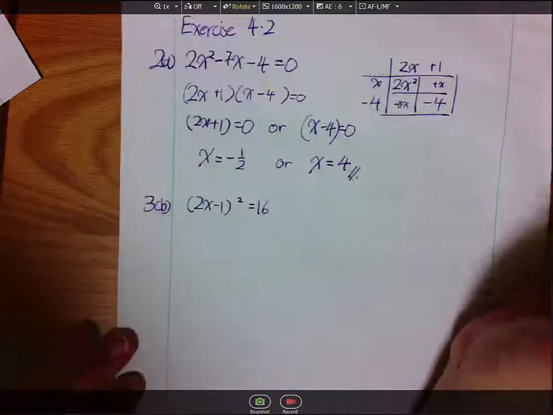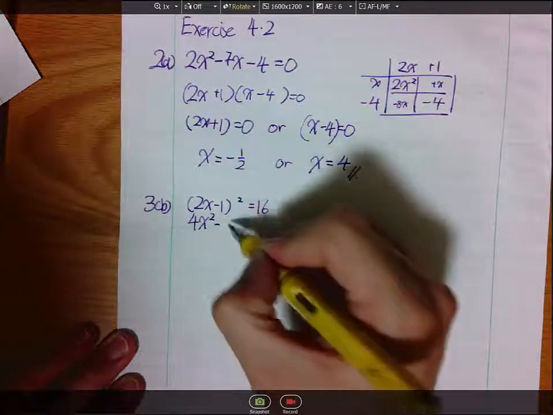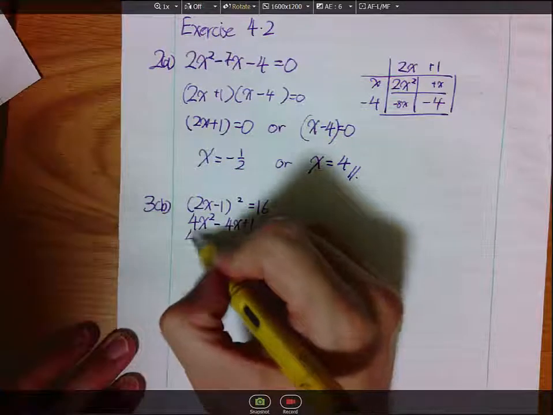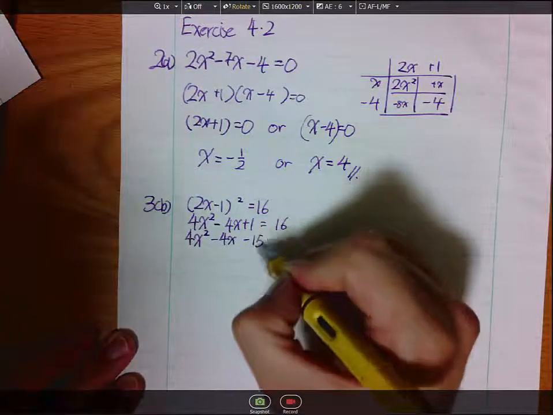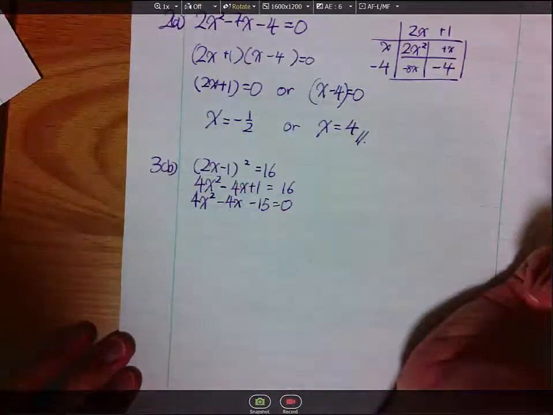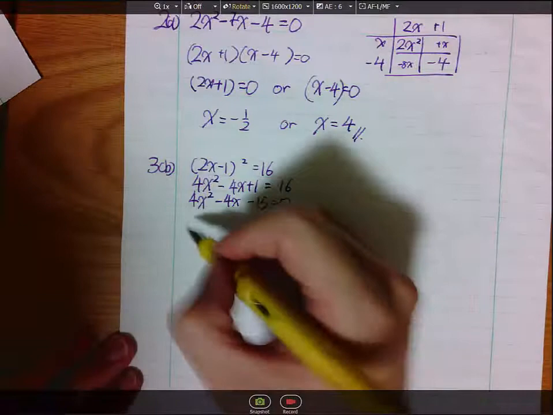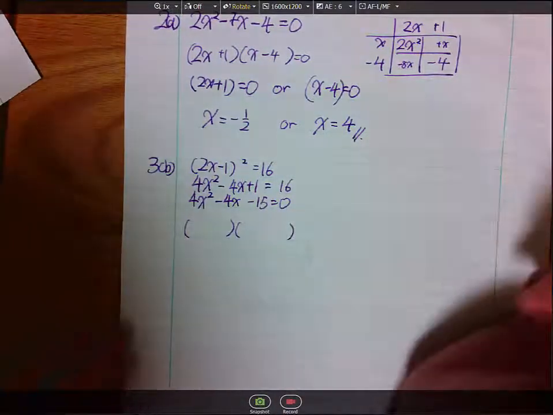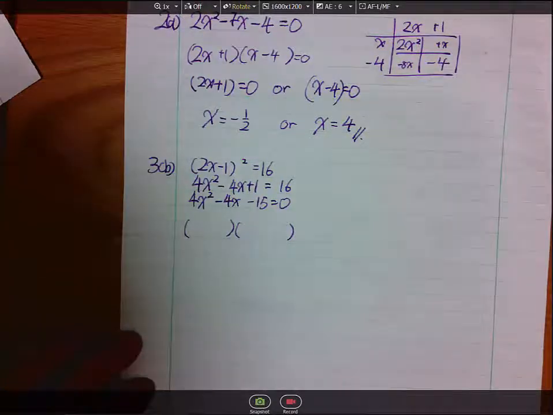So what we do here first, we expand. 4x squared minus 4x plus 1 is equal to 16. We collect all terms on one side. Now equals 0 here, we will start to factorize.